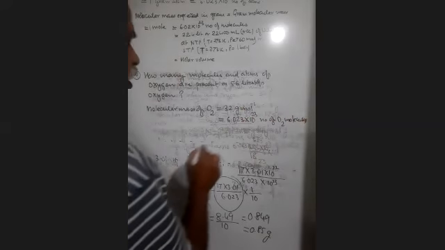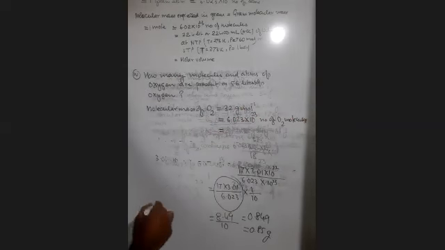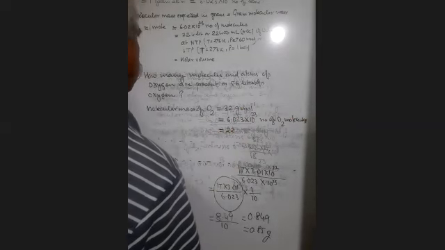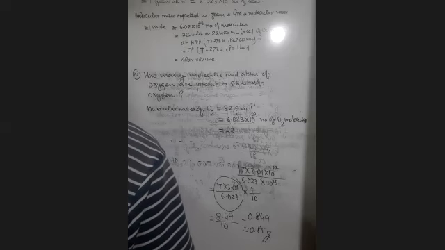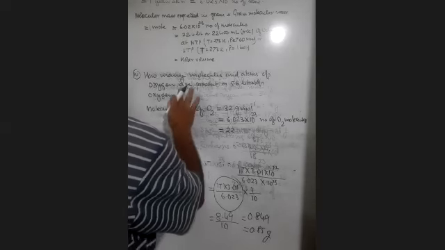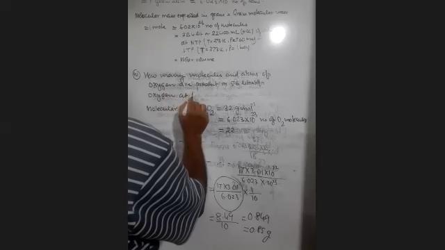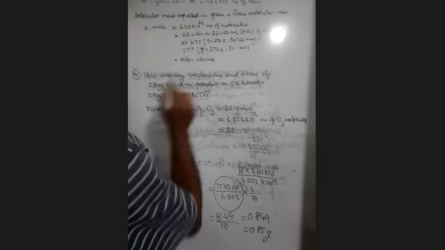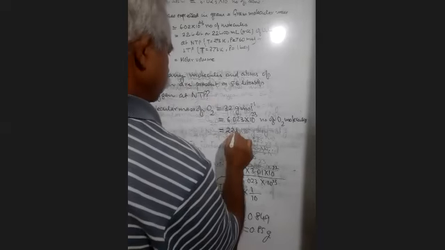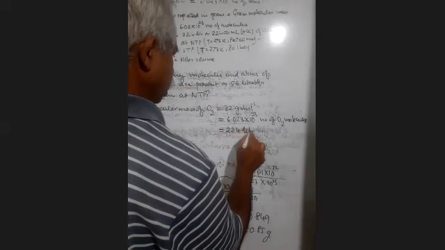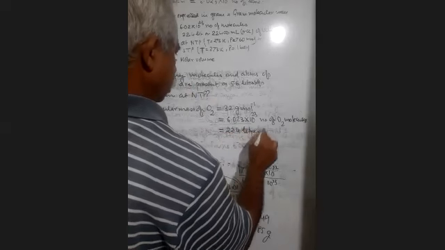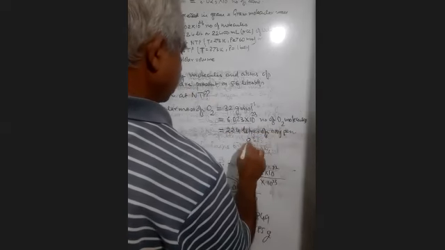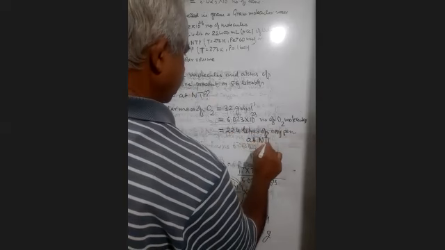Oxygen is a gas. So it is going to occupy how much volume? 22.4 liter of oxygen at NTP, normal temperature and pressure.